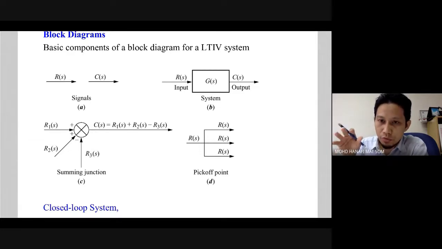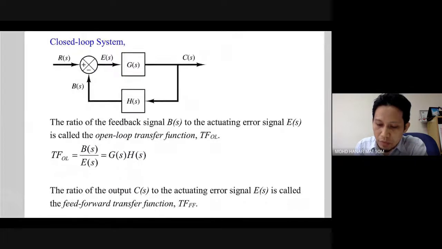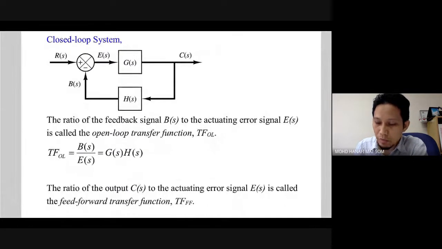So now you already know about the basic components. Let's go to the closed loop system. I already mentioned in the first video, the introduction video, that we have the open loop system and the closed loop system.